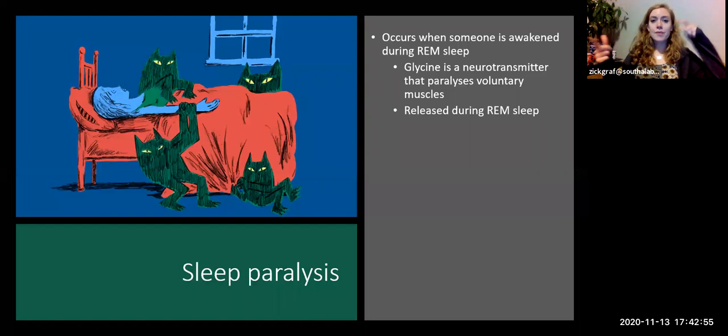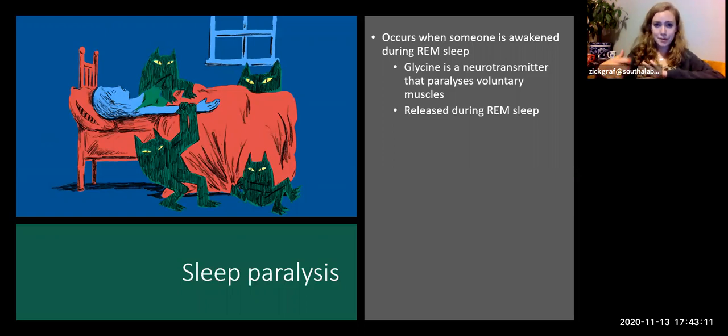So during REM sleep, as I was talking about with narcolepsy, our brain releases neurotransmitters that inhibit activity in our muscles, basically paralyzing us. The main neurotransmitter that does this is glycine. GABA also is an inhibitory neurotransmitter in our muscles. The brain is releasing all of these neurotransmitters during REM sleep to keep us paralyzed, to keep us from acting out our dreams.